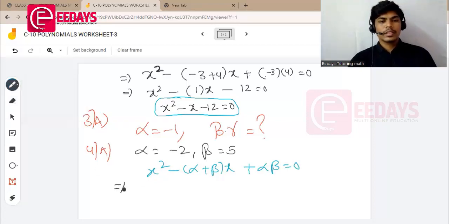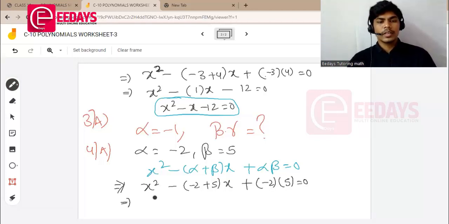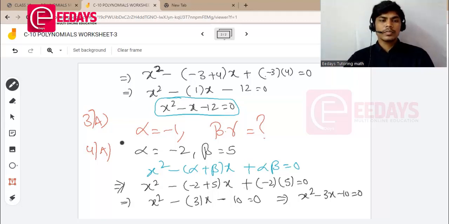Let's substitute: x square minus -2 plus 5 into x plus alpha is -2, beta is 5. X square minus, 5 minus 2, we are getting 3 here, 3x, plus into minus, minus 2 5s are 10. Finally, we get the equation x square minus 3x minus 10 is equal to 0.